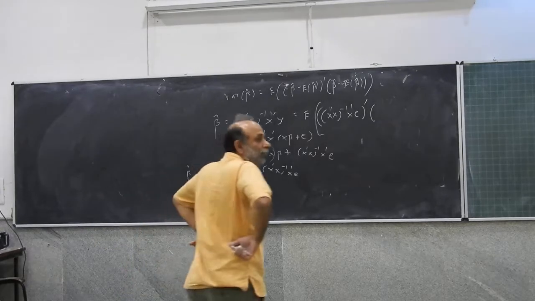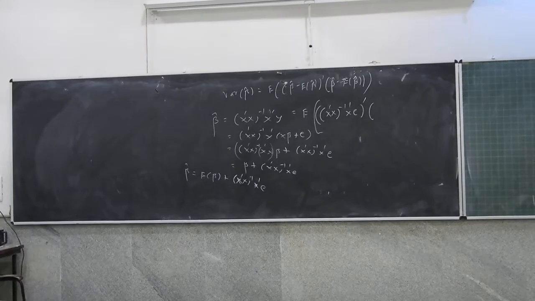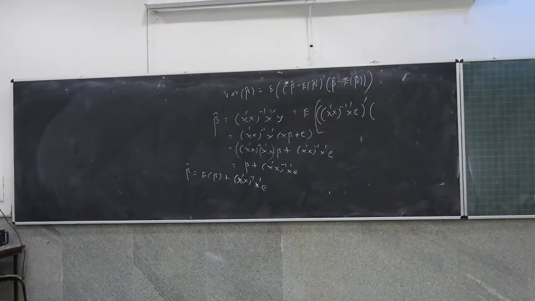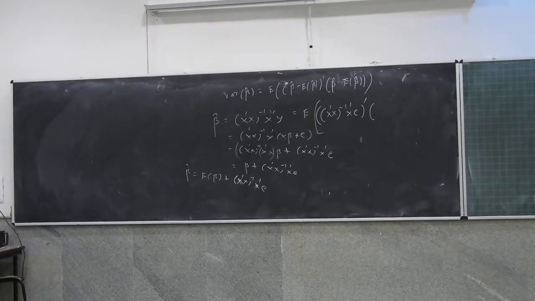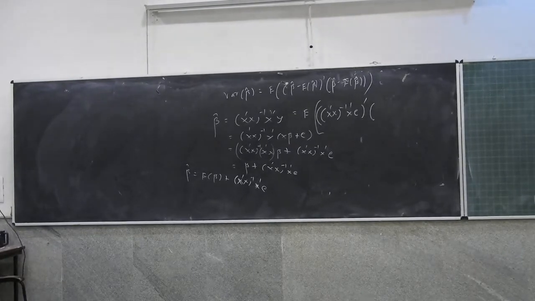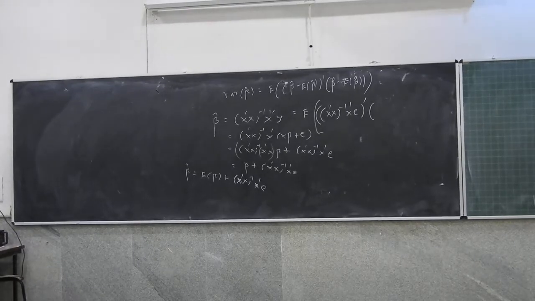Suppose x is 2 rows, 1 column, so it has 2 elements. If you square it, there will be cross terms in the 2 cross 2. That can only be obtained by doing x into x dash: 2 rows, 1 column into 1 row, 2 columns.